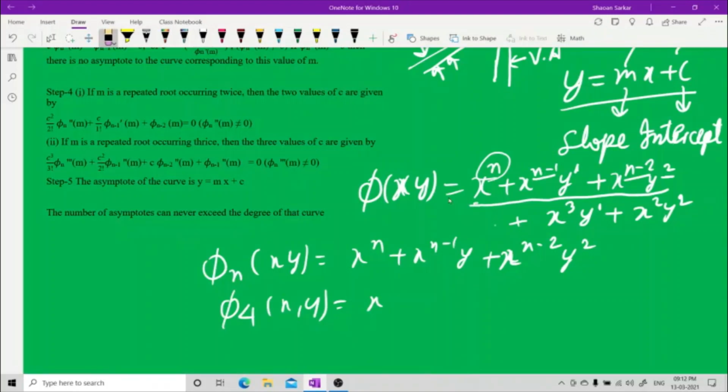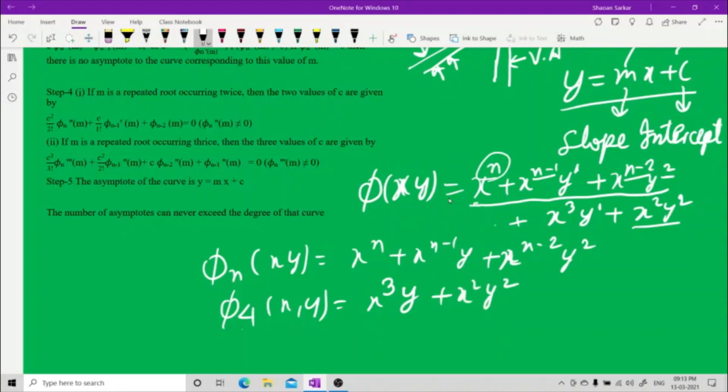The total power is 4. This is also total power 4, plus x square y square.